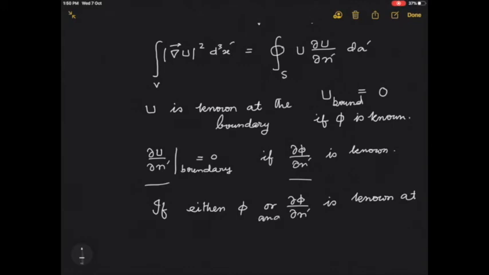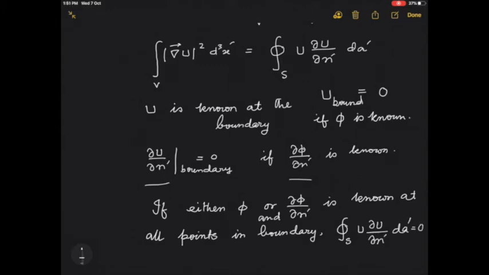This is also true if it's either one, because 0 times 0 is also 0. This is 0.